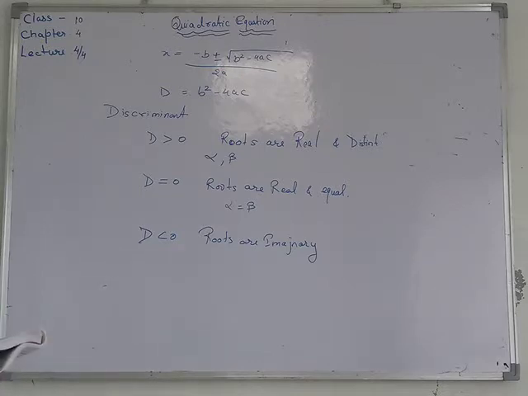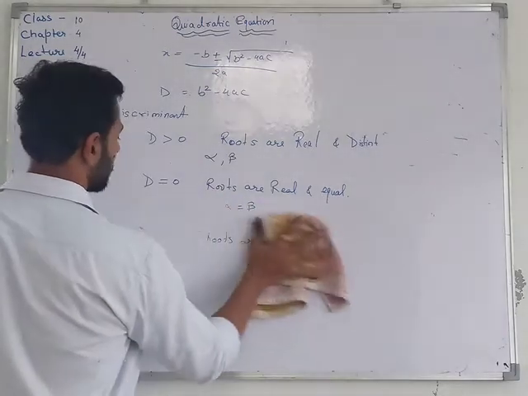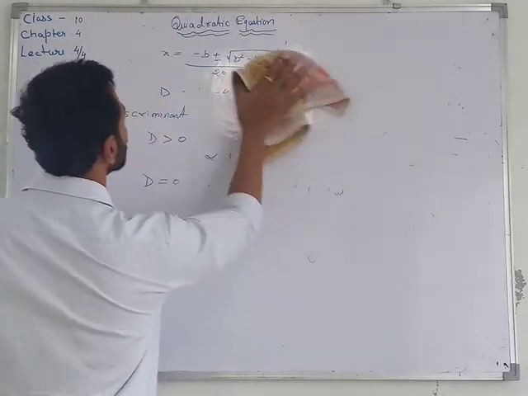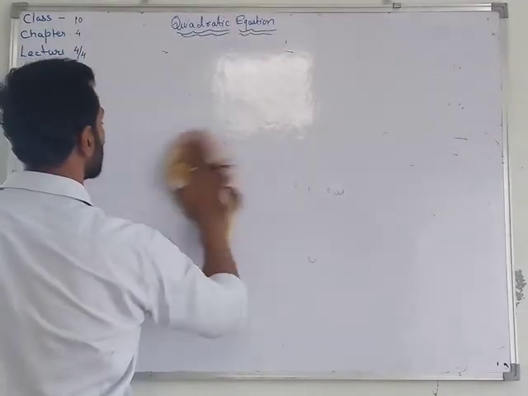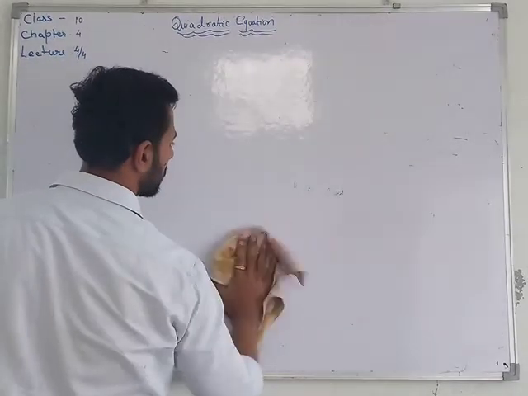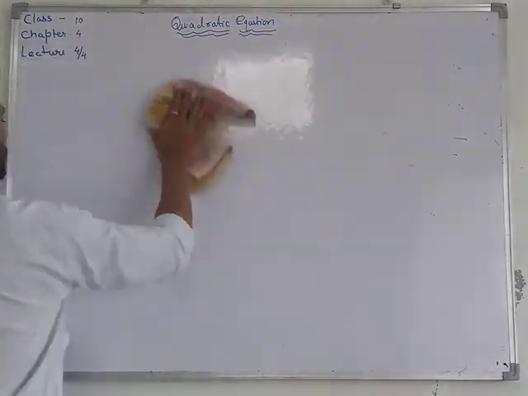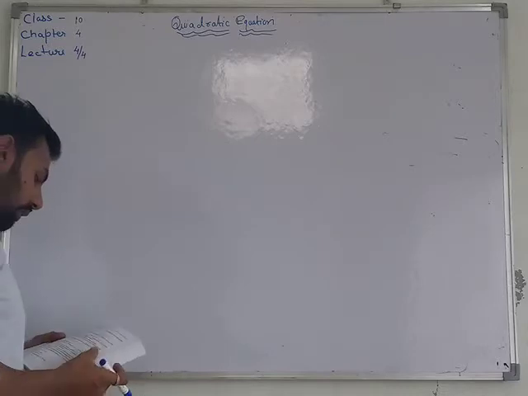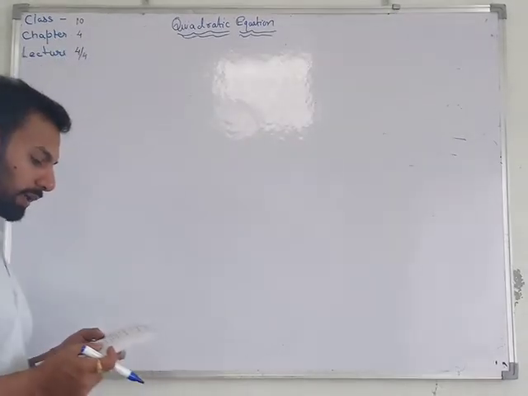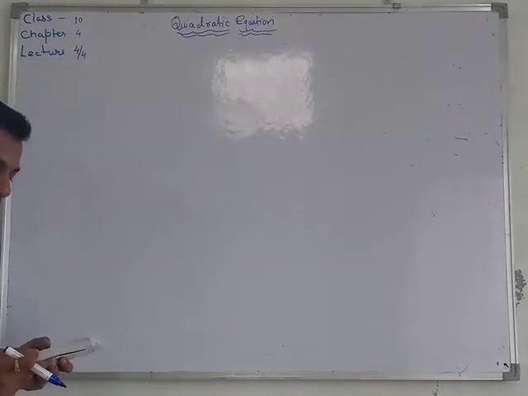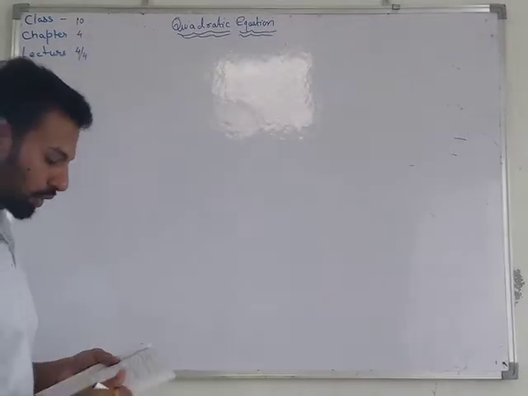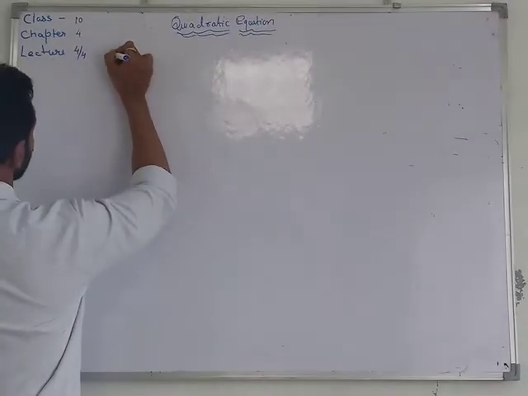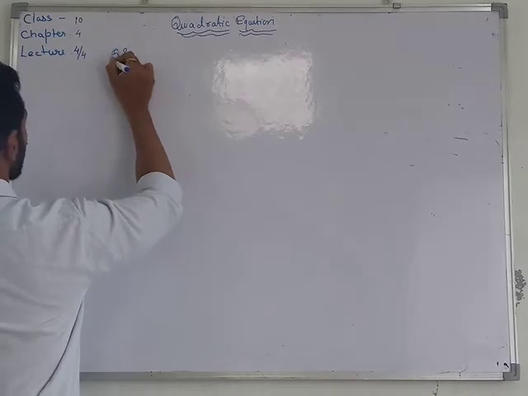Question is from exercise 4.4, question number 2, second part. Question says: find the value of k for each of the following quadratic equations so that they have two equal roots.